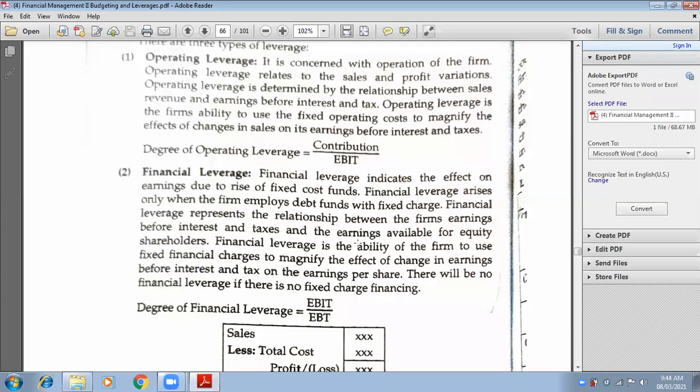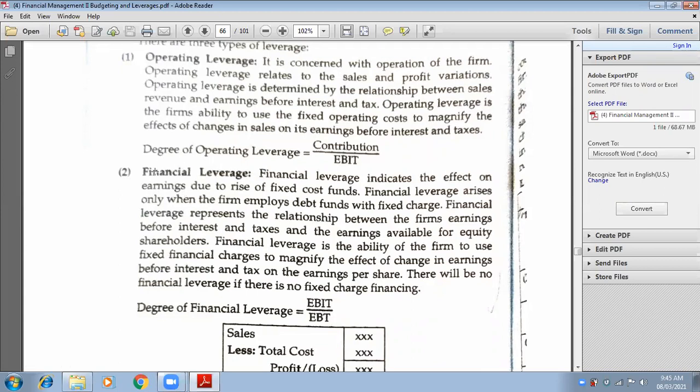How much the interest is paid to the borrowed funds, because we want to understand how much actual profit is left over with our company for our own shareholders. We need to understand with the help of financial leverage.